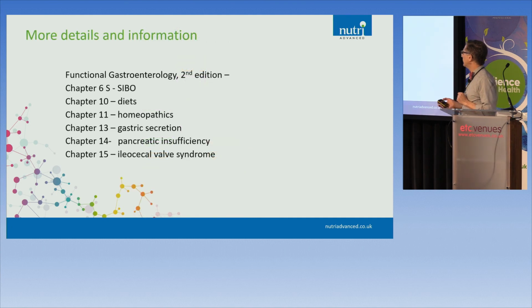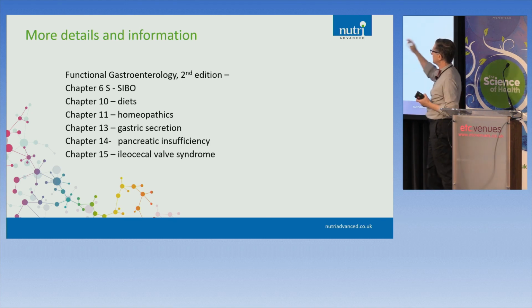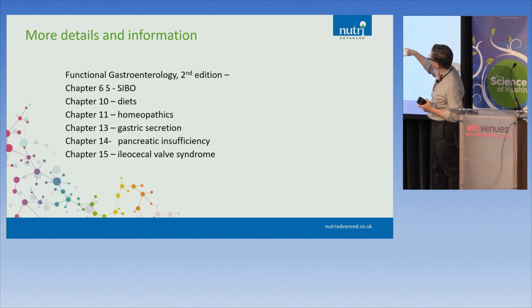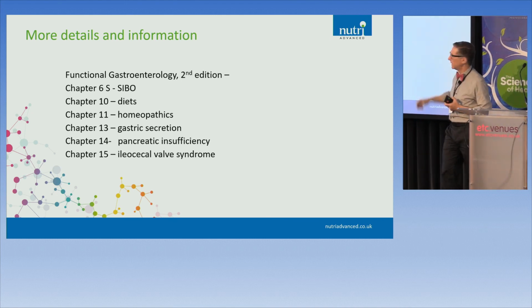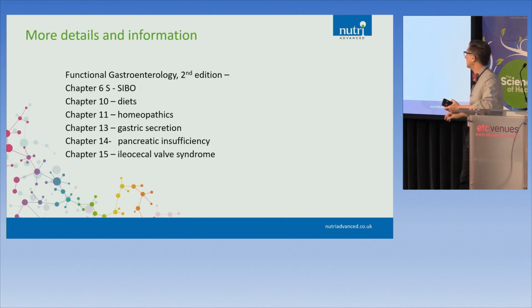And if you want more information, more detail on any of these things, in my second edition of my textbook, Chapter 6 is on SIBO. Chapter 10 is on the various diets, more details on the diets I was talking about.